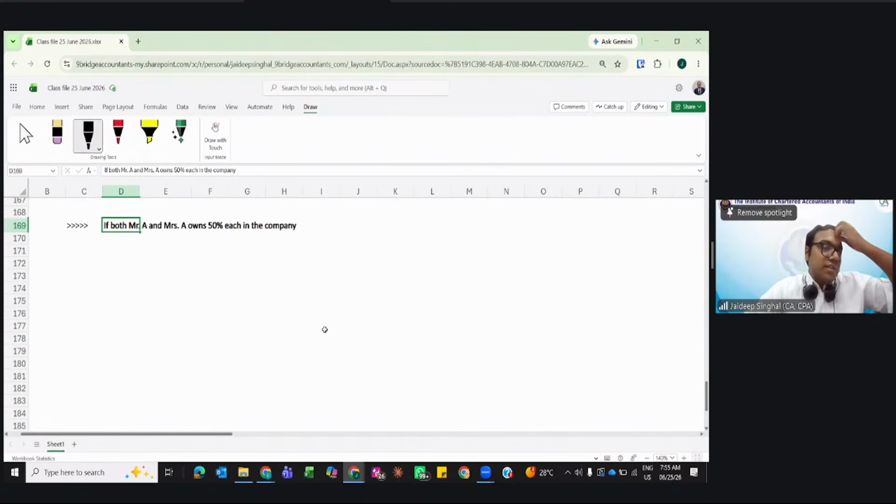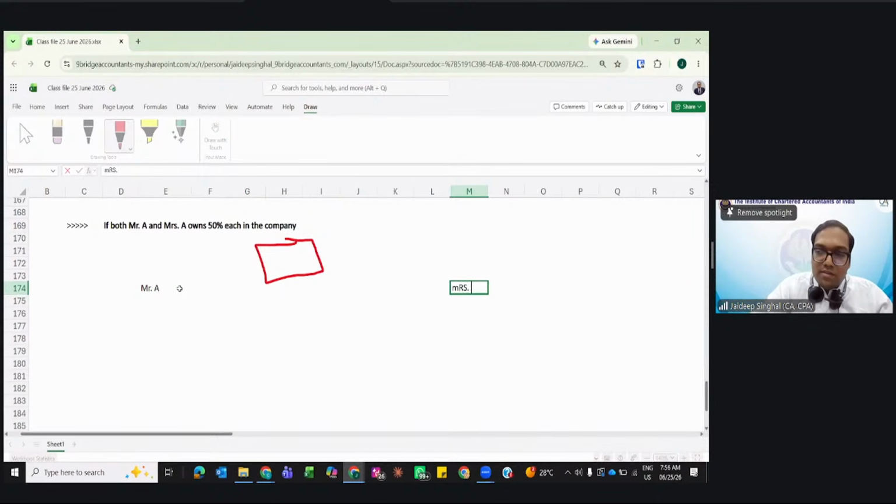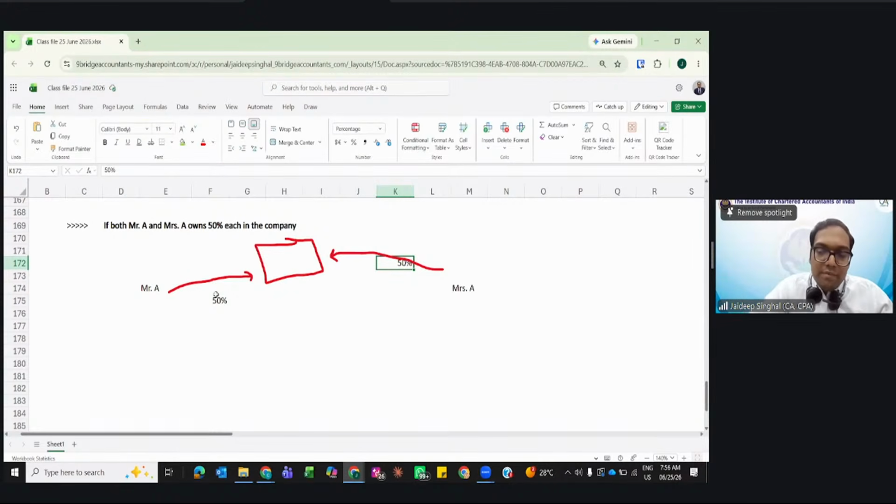Let's see an example. Let's suppose there is an entity. In this entity, Mr. A and Mrs. A both own 50% each. So both are having substantial interest. They're owning 50% each, which means both have more than 20%, so both have substantial interest.